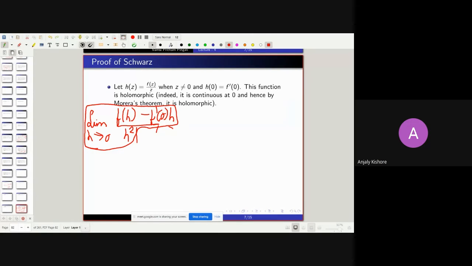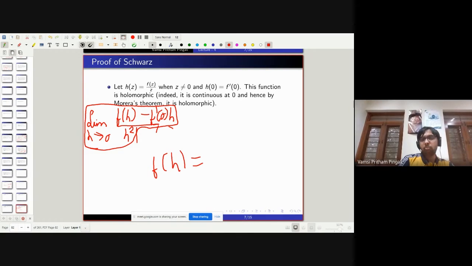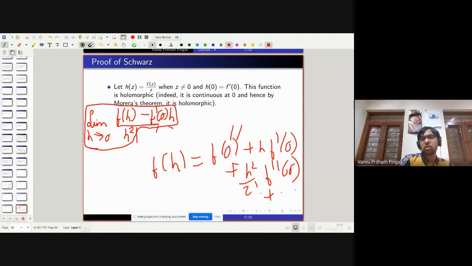Sir, f is analytic, so we can expand by Taylor's theorem, sir. Yeah. So you write the power series for f of h. So that is f of 0 plus h f prime 0 plus h squared by 2 factorial f double prime 0, etc. This f of 0 is 0.